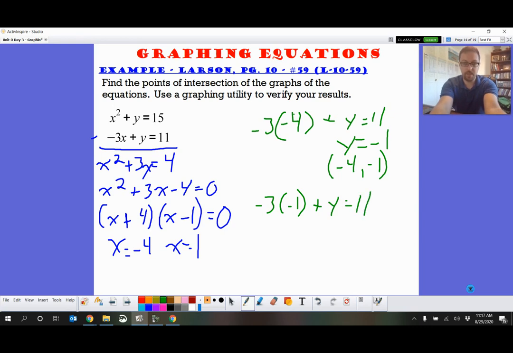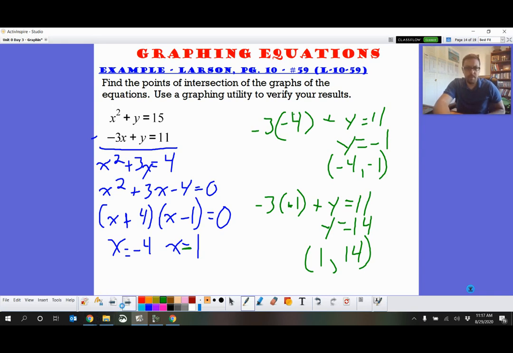So that's -3, add it to both sides, y equals 14. And that got us our other answer from Desmos, 1, 14. All done.